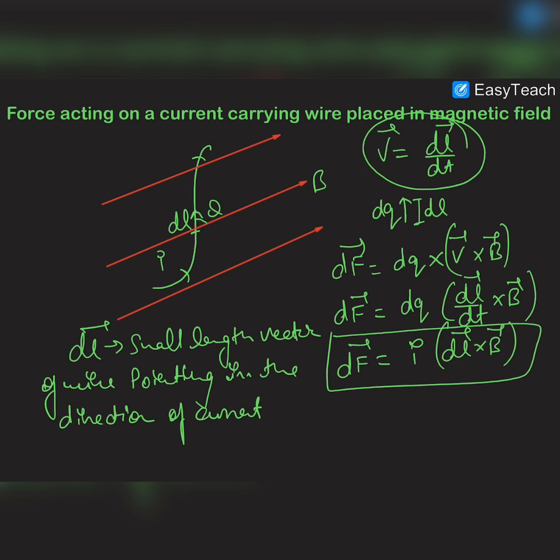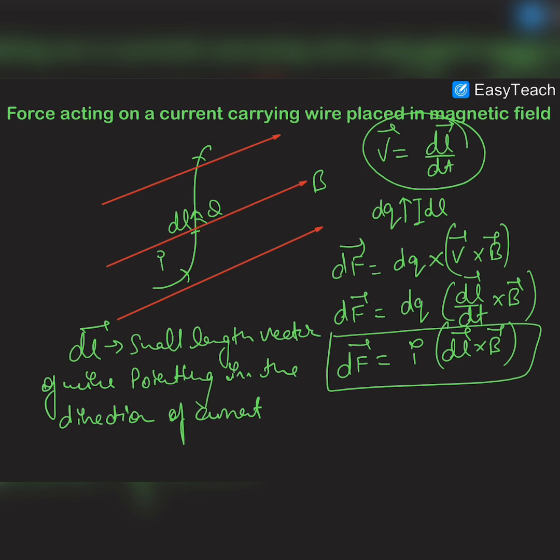Now if we find out the direction of dF, then due to the fact that F is represented by the cross product of dl and B, we can say that the direction of F would be in the plane perpendicular to dl and B. So you can see that dl and B are in the plane of the screen, and therefore the direction of F would be inside the plane or outside the plane.